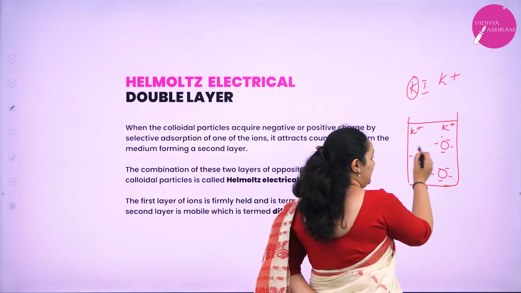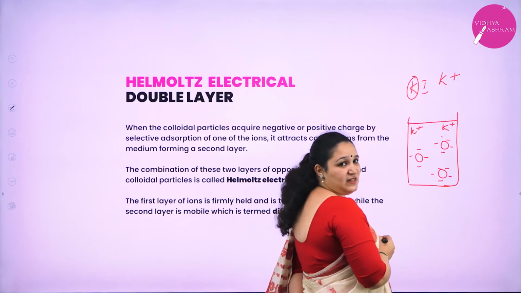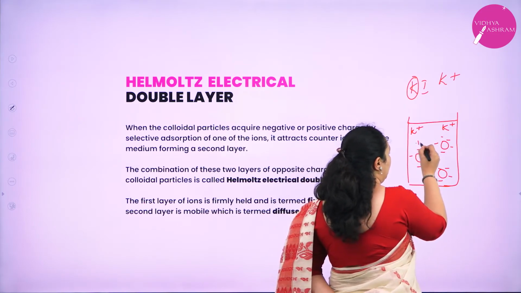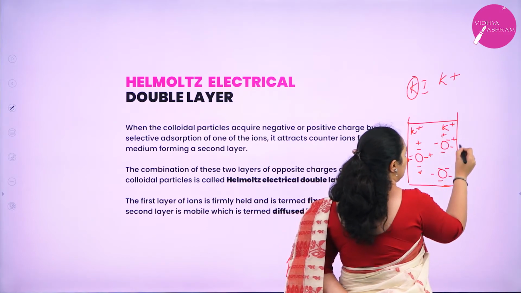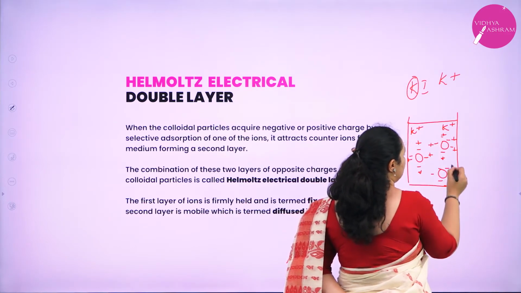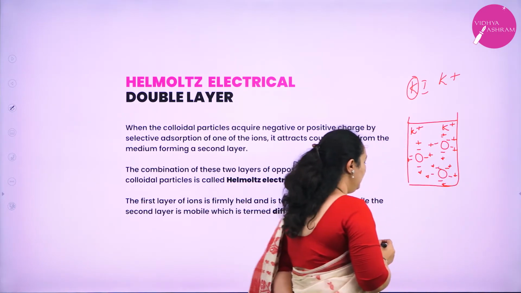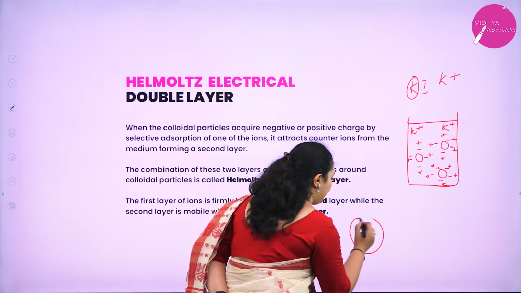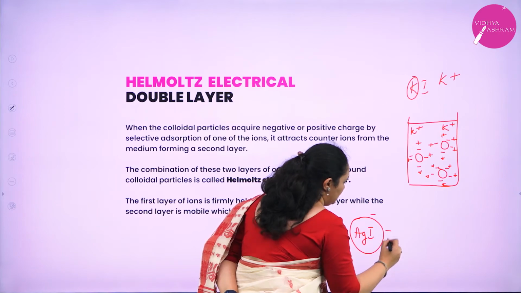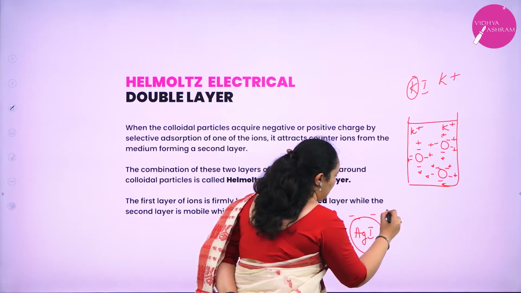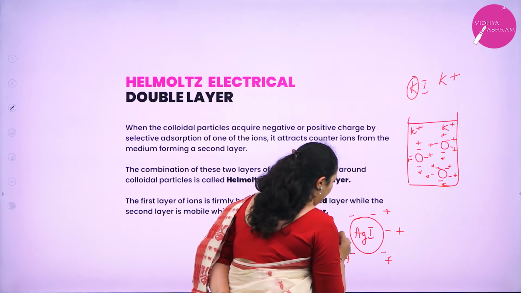Now the negatively charged particle will start attracting this positively charged ion around it to form the second layer. So what happens? A second layer is formed. So if this is silver iodide which was negatively charged, one more layer of potassium ions will be around it.